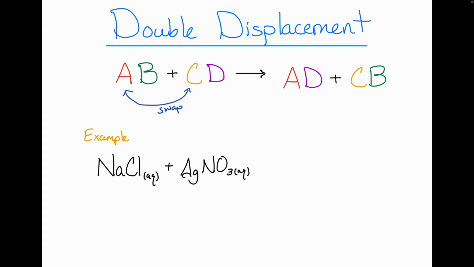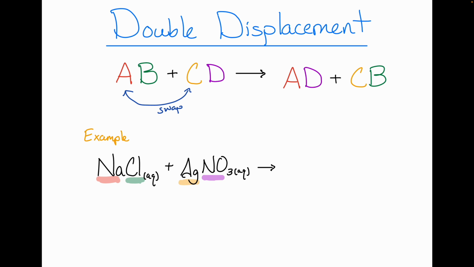All right, and we'll talk a little bit more about this in depth, but just to give you a preview of where we're going. Okay, so now I'm going to swap my sodium and my silver. Sodium's A, chloride's B, silver and nitrate.